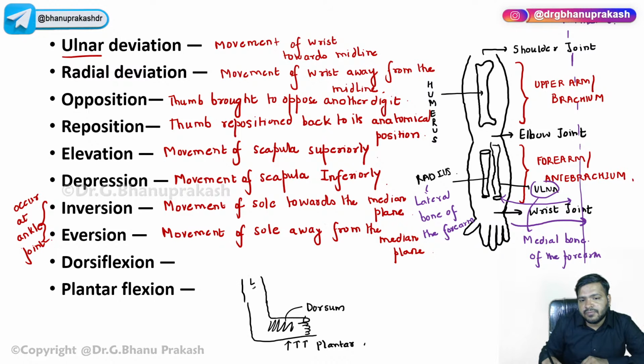Now, this is the leg. Now we have to do dorsiflexion. Dorsiflexion means the dorsum of the foot. How will you move the dorsum part of the foot in such a way that it causes flexion? You will move towards the leg or away from the leg, guys.